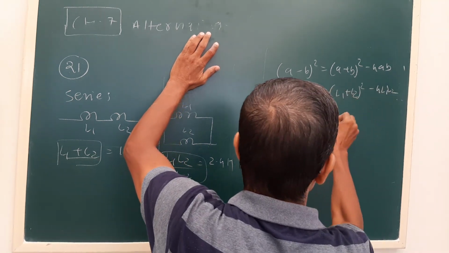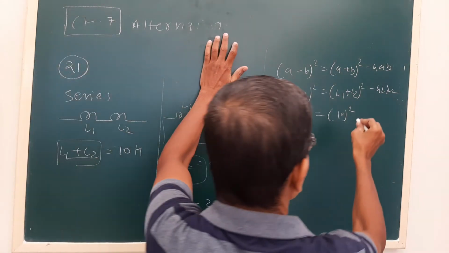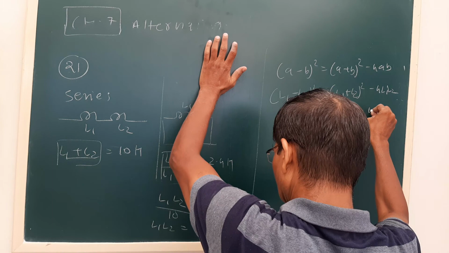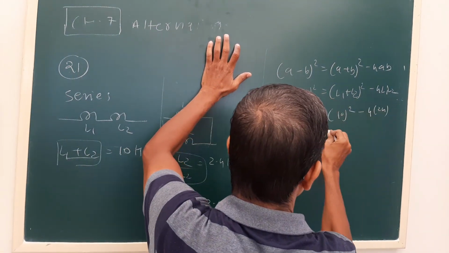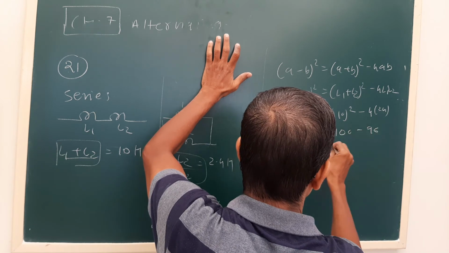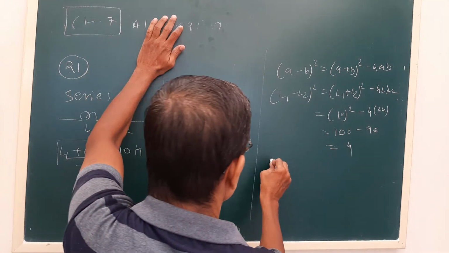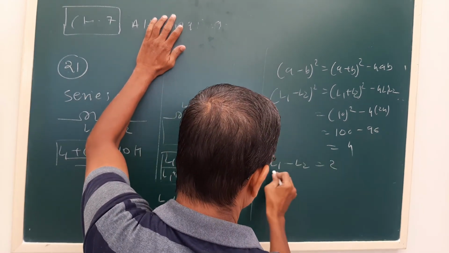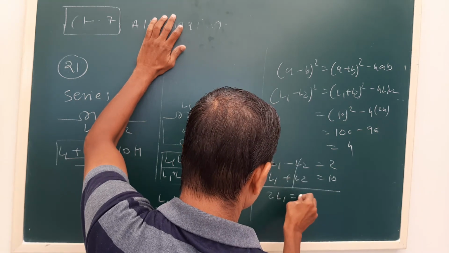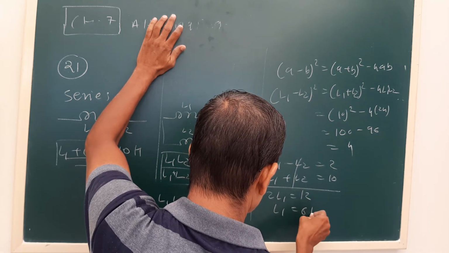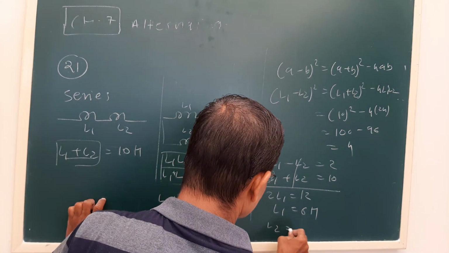L1 plus L2 is given as 10, L1 L2 we have obtained. Again, it is a perfect square. So if I take the square root on both sides, L1 minus L2 is 2, L1 plus L2 is 10, so L1 is 6, and L2 naturally will be 10 minus 6, that is 4.